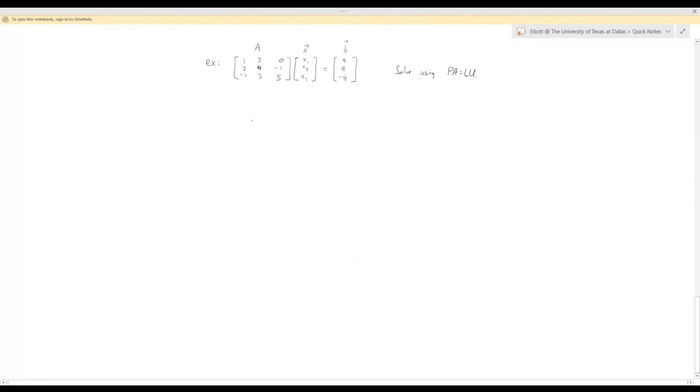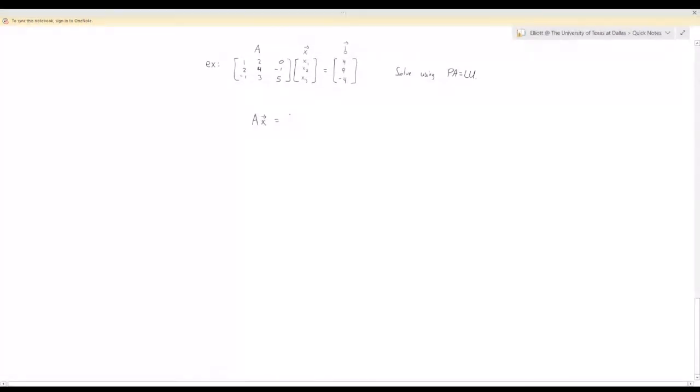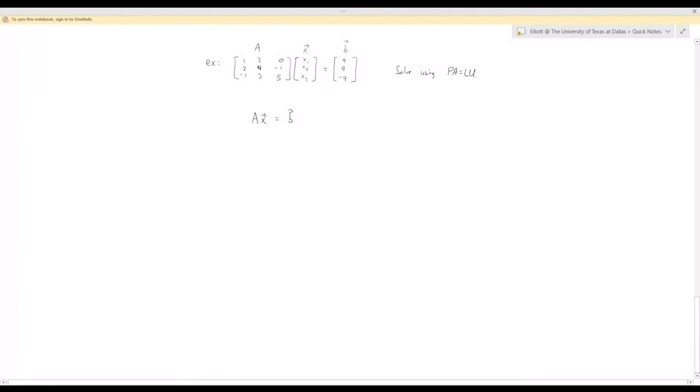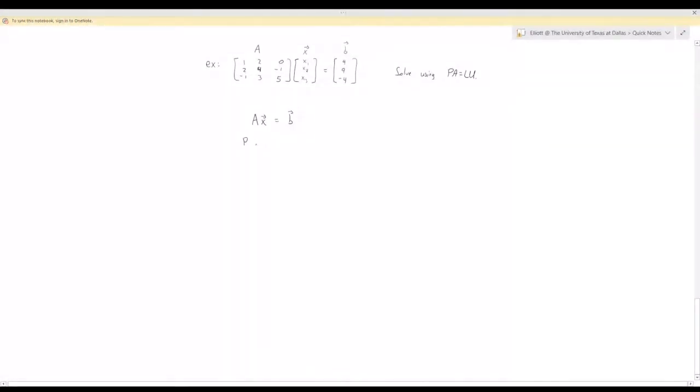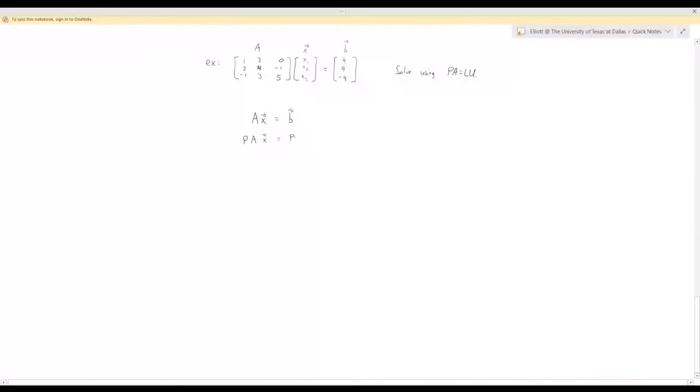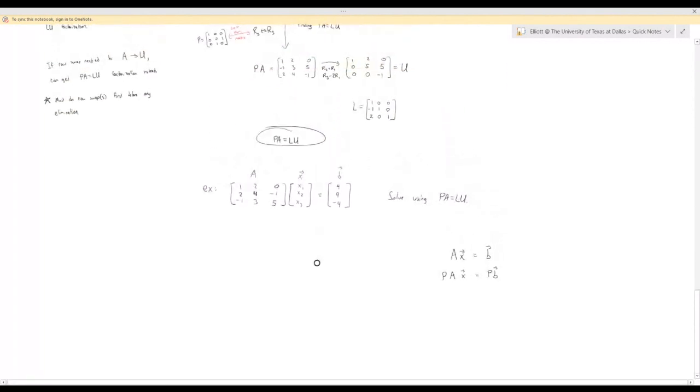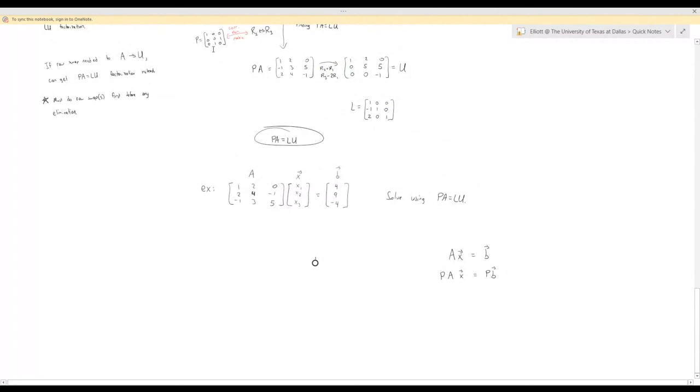Here's the idea. We're starting with AX equals B. What we're going to do first is multiply both sides on the left by P. I'm going to do that over here. Now we know that multiplying by P will just swap row 2 and row 3.